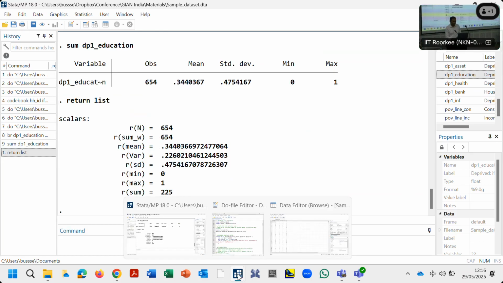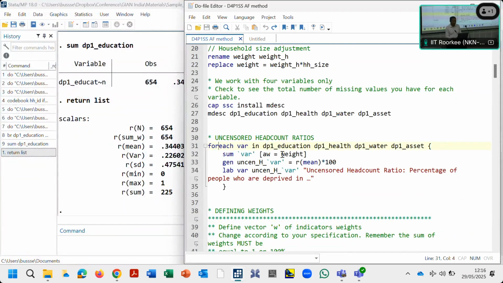So what I will do is say for each variable in this list, you run sum, but then the uncensored headcount ratio of a variable is simply r(mean) times 100. r(mean) has already been stored here. Next, I'll be labeling the variable.